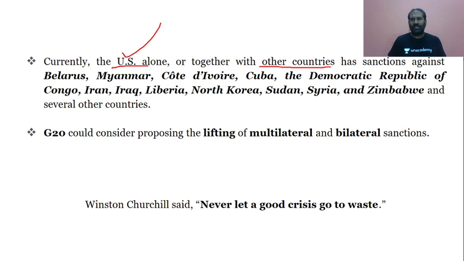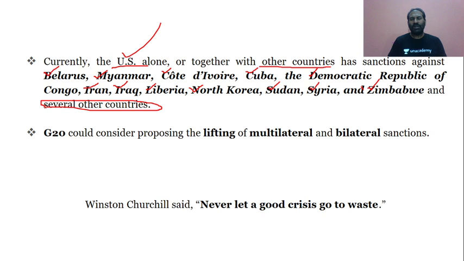Along with the USA, other countries have imposed sanctions on Belarus, Myanmar, Cote d'Ivoire, Cuba, the Democratic Republic of Congo, Iran as we have seen, Iraq as we have seen, Liberia, North Korea as we have seen, Sudan, Syria, Zimbabwe and several other countries. We have just mentioned a few because the list goes on.